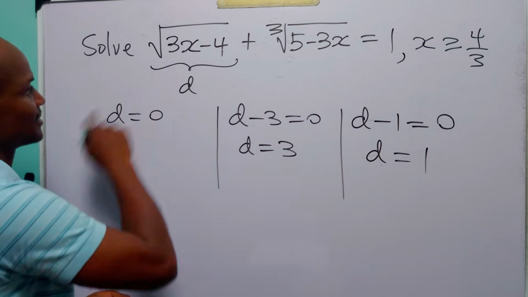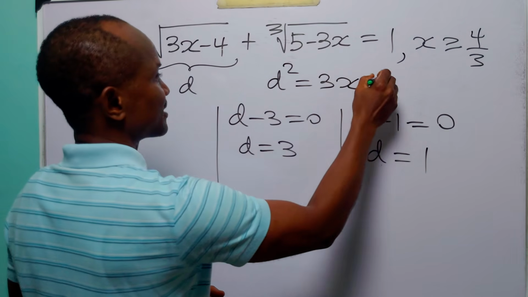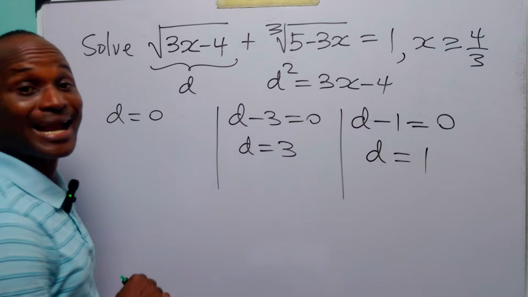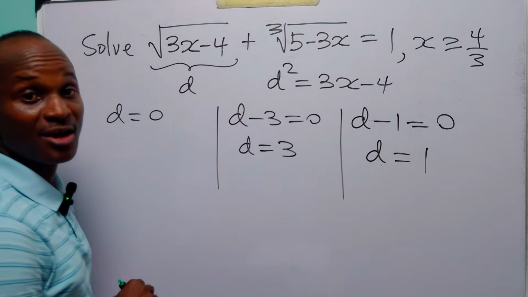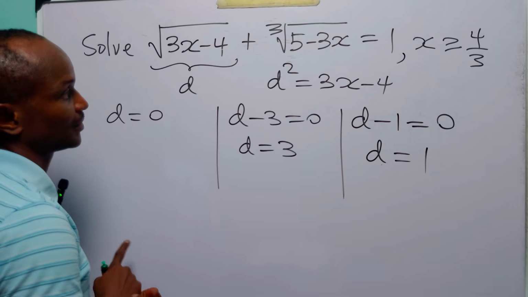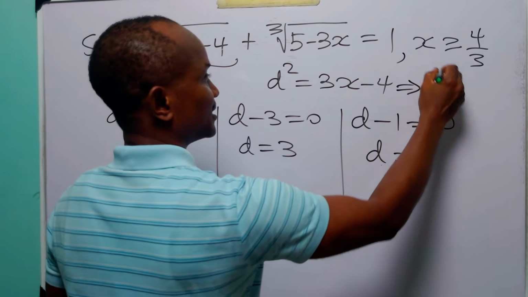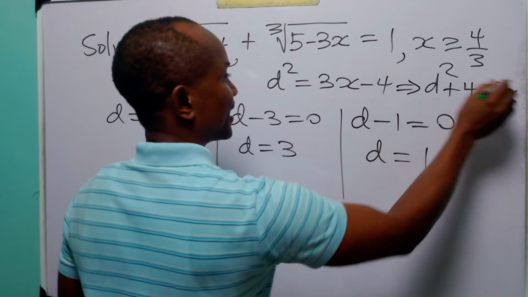Now let us remember that d squared is equal to 3x minus 4. So from this relationship, we can now find the values of x that satisfy this radical equation. Of course, from here, we have that d squared plus 4 is equal to 3x.